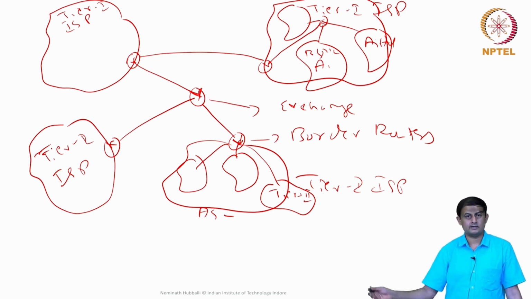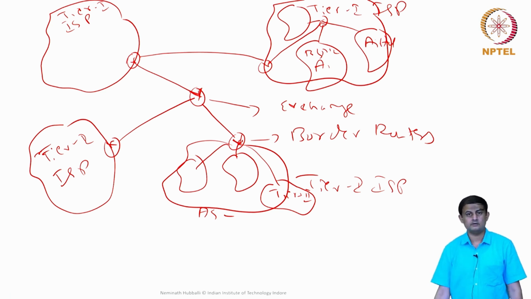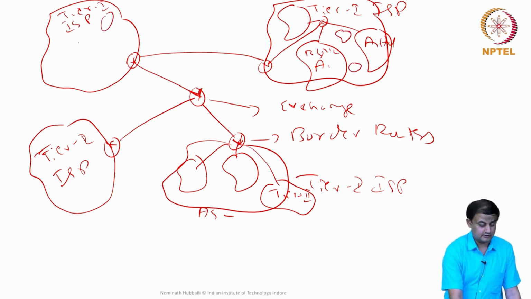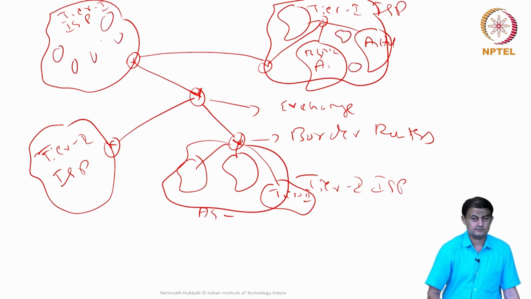They do provide the connectivity to the end user subscribers, but they themselves buy the bandwidth from the tier 1 ISPs. And you might have even smaller players located within this area here and there, which are called tier 3 ISPs.